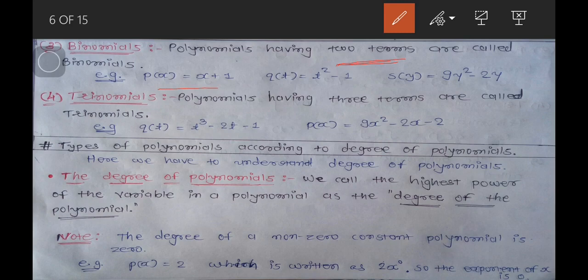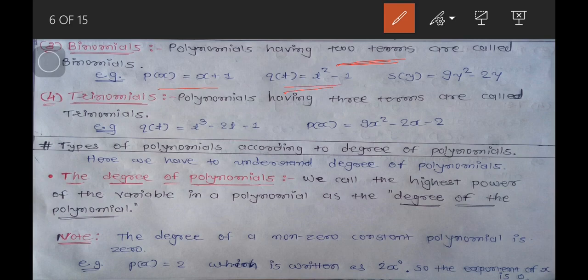You can see that in this polynomial there are two terms, x and 1, so it is called a binomial. In another example, q of t is equal to t squared minus 1. Here also two terms, so it is called a binomial.